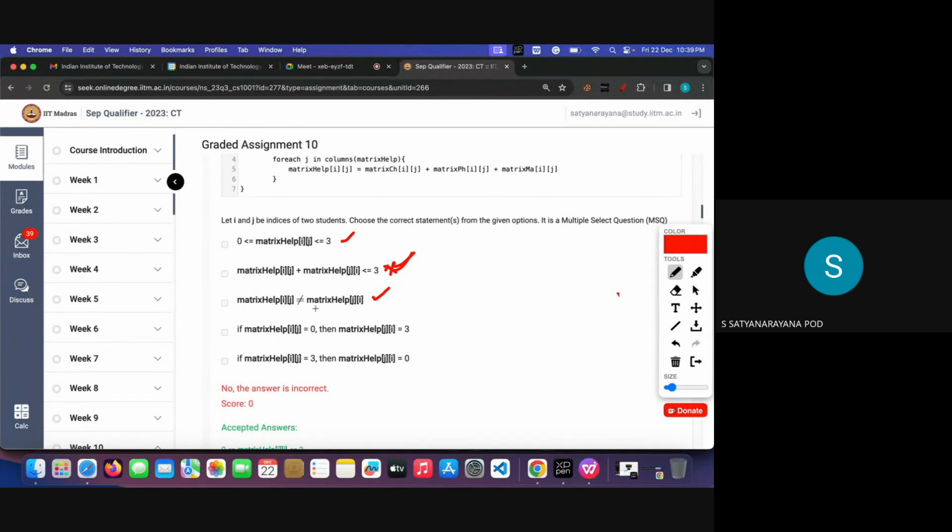See that equal value in the sense: whatever value is there in Ij, is the same value there in Ji? Look at this particular matrix, where we understood 3 is the maximum value. For example, 0 1 2: the 0th student is helping the first student in 2 subjects.